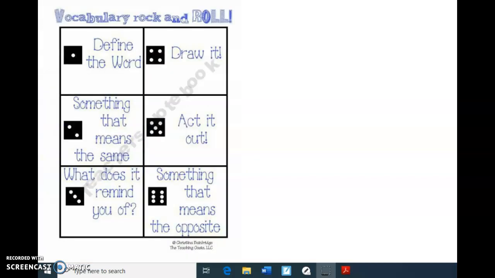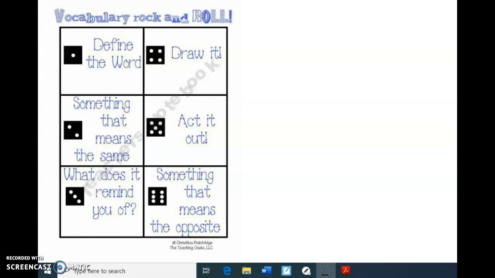There's also a game I'd like to show you. This is similar to a game that, it's funny, we didn't play this year at all, but it's a game I usually play. Maybe you've played it in other teachers' classrooms too. You could even play with a friend on FaceTime, or if you're allowed to use any other kind of video conferencing. You could have your words out and roll a dice and define the word.